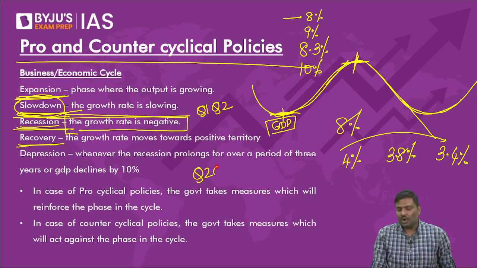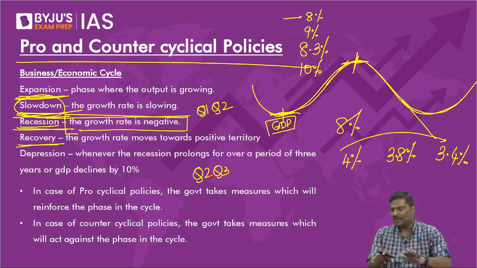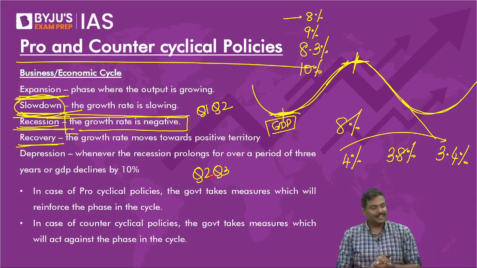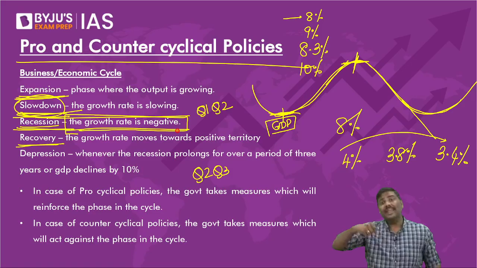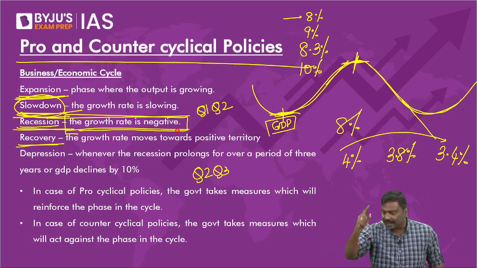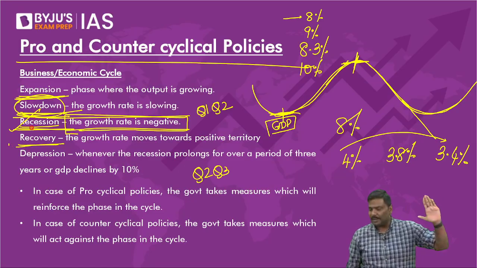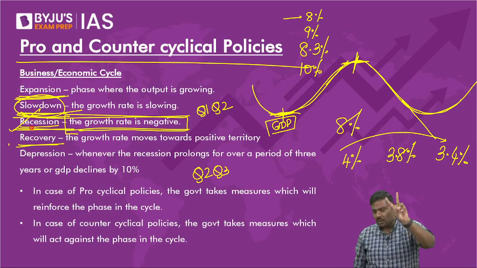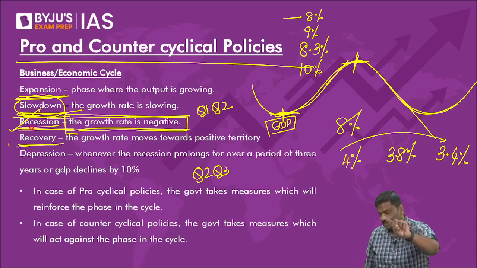Quarter 2, quarter 3, consecutive, yes, one after the other. Simple. Consecutive means one after the other. Whenever in 2 consecutive quarters you have a negative growth rate, that is called as a recession. Any difficulty, please do let me know. Whenever in 2 consecutive quarters you have a negative growth rate, that is called as a recession.